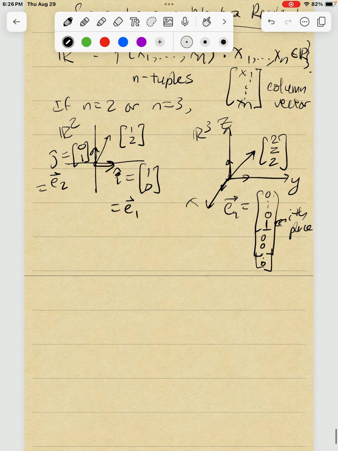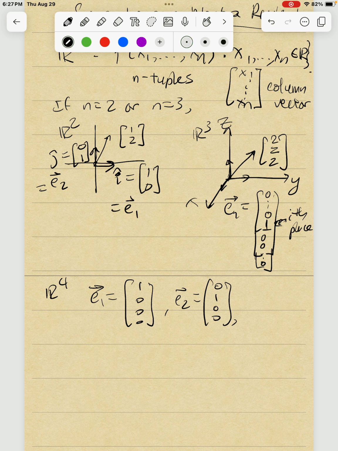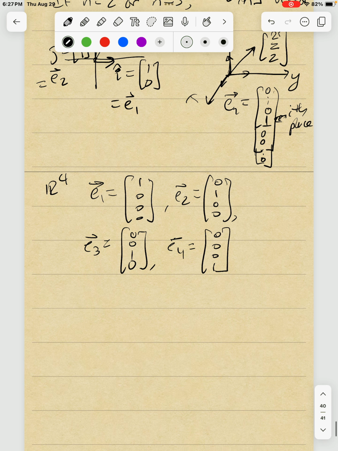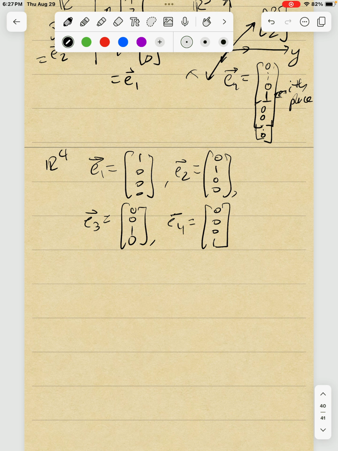Right? So for instance, in R4, you have E1, which is 1, 0, 0, 0, E2, which is 0, 1, 0, 0, E3, which is 0, 0, 1, 0, and E4, which is 0, 0, 0, 1. And any vector in R4, okay, it's just a, b, c, d, is a linear combination of these vectors.